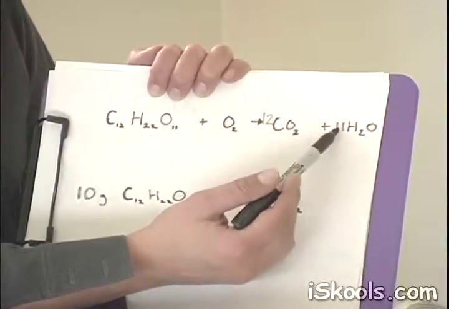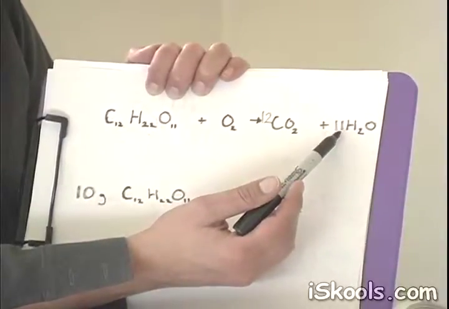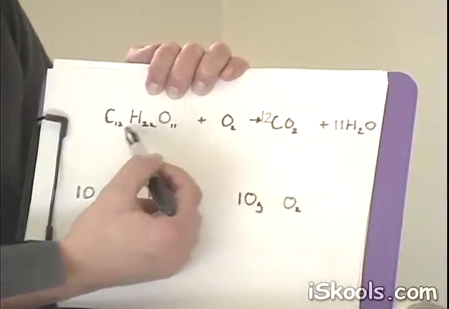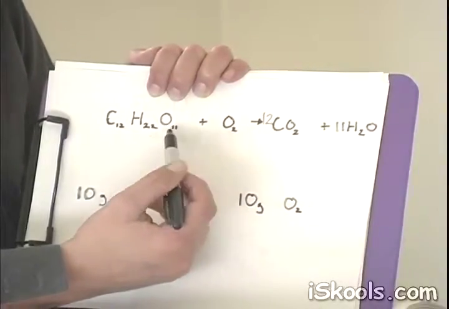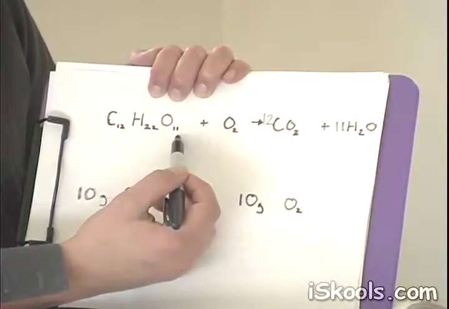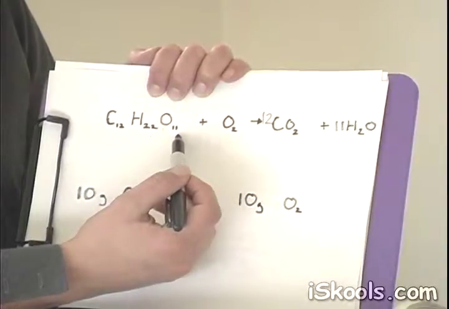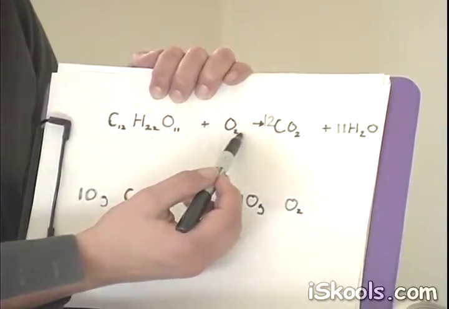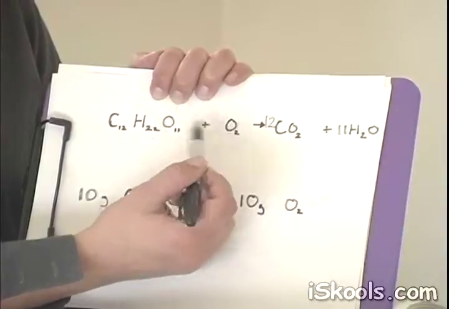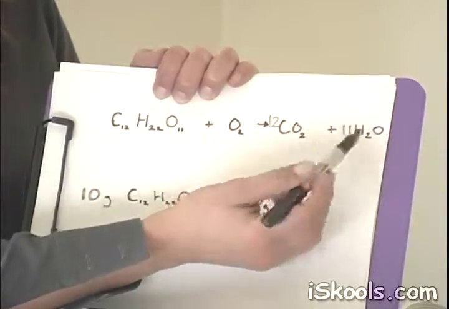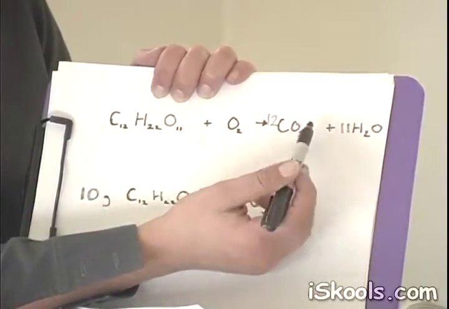So 24 plus 11, there you have 35. We need this side to also equal 35. But we also have 11 right here. So basically we need to have 24 oxygens here plus the 11 to equal the 35 oxygens of this side.